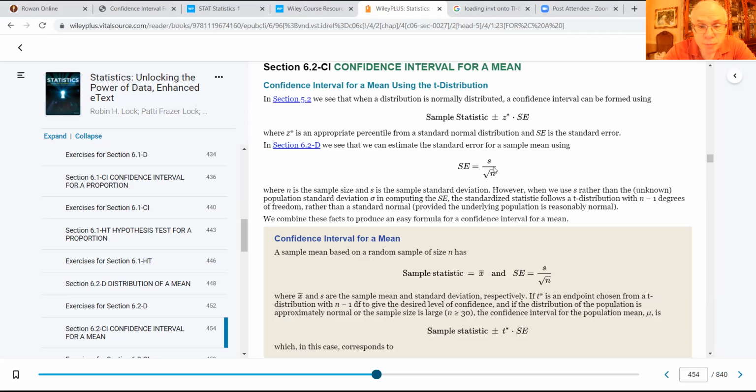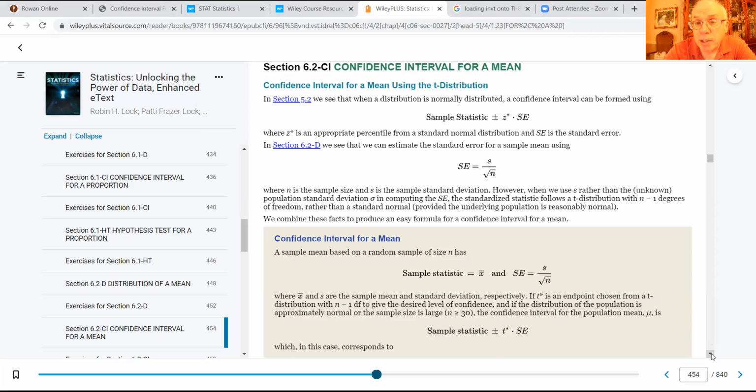And therefore, we have to not use z anymore. If we use s in our standard error formula to replace sigma, in other words, we use this formula here, we have to replace the z with a t. We have to find the right endpoint for the t, just like we did a few minutes ago when we found inverse t. All right, so I'm just going to scroll down here.